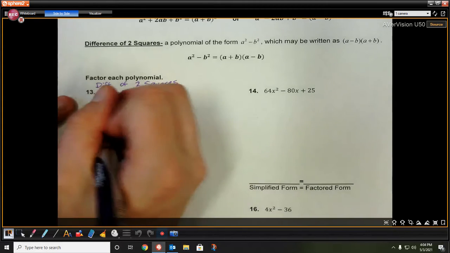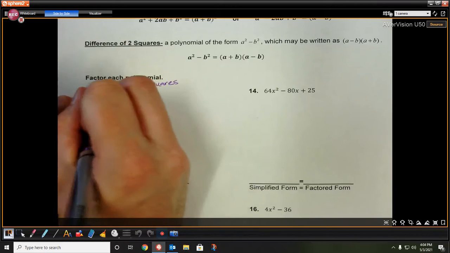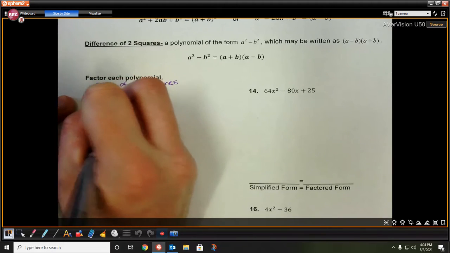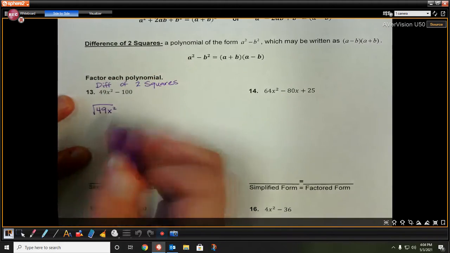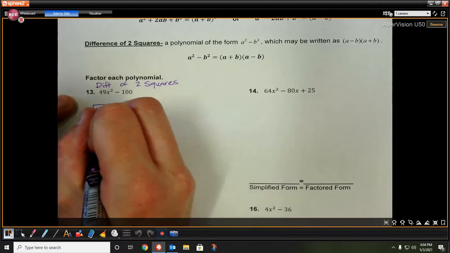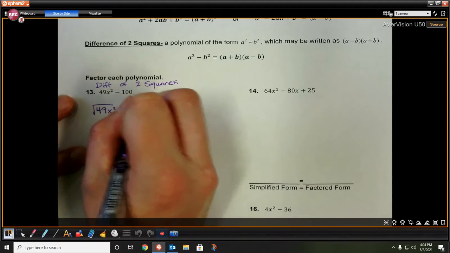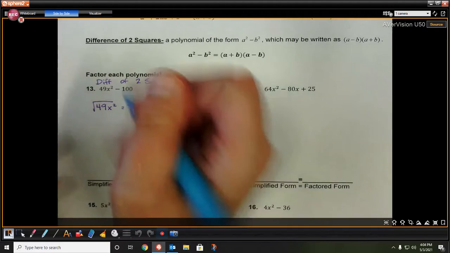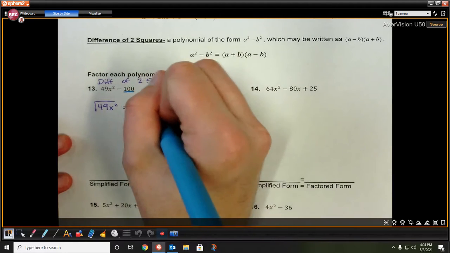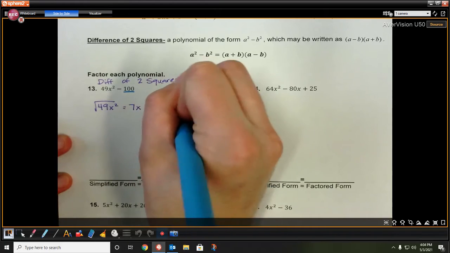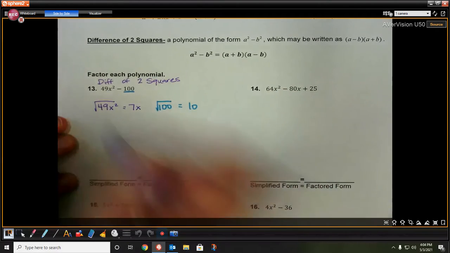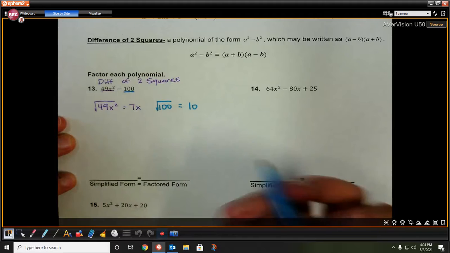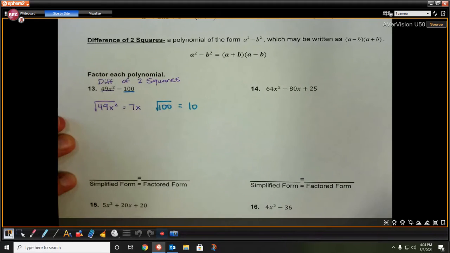We take our 49x squared, and the square root of that is 7x. And the square root of 100 is 10.